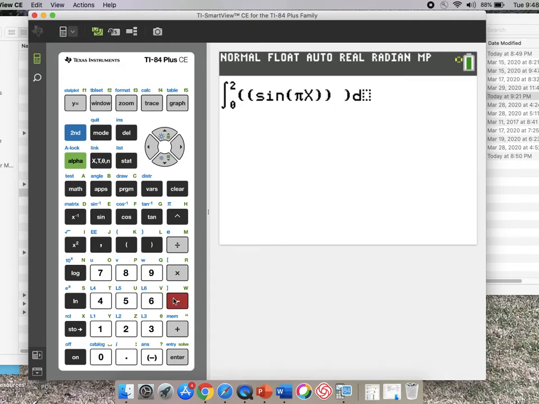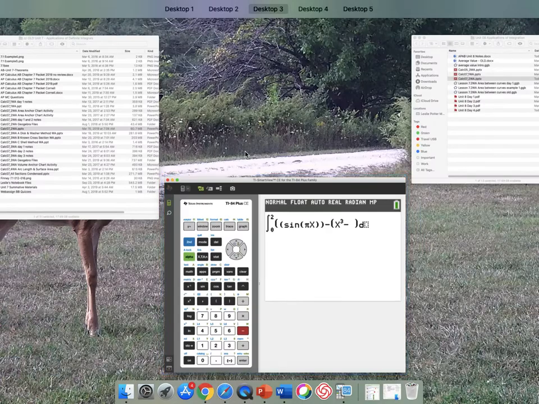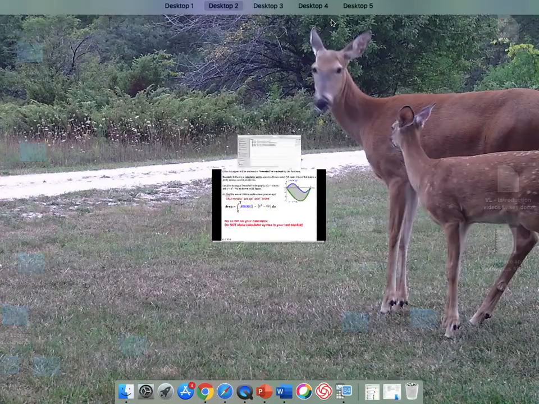And then minus, get myself set up with some more brackets there because I like to be generous with those. And then the next function, the bottom function, was x cubed minus, whoops, I can't put the minus there, let me get rid of that, minus, and what was it, 4x? Let me go check that. X cubed minus 4x, yeah, that's what it was.